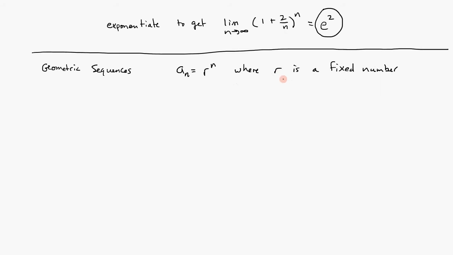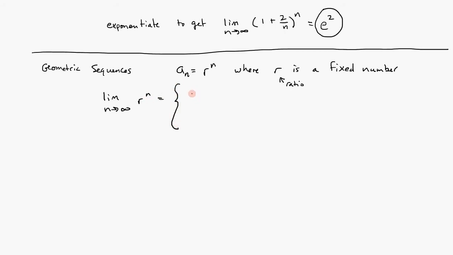So r is called the ratio. So for these kinds of sequences, there's a simple rule for calculating the limits depending on what the ratio is.